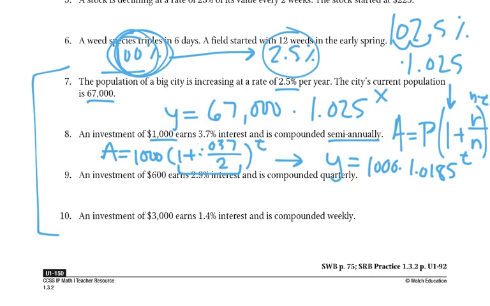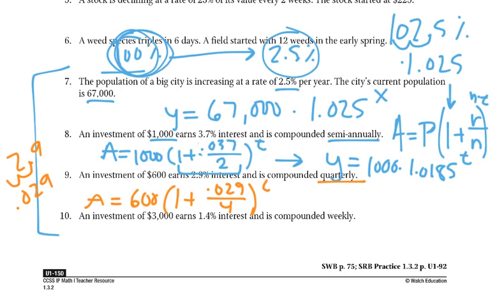So now number 9, we're going to use the same equation, but this time we start out with 600, okay, and we earn interest 2.9, so 2.9 would become 0.029. It's compounded quarterly, that means 4 times in a year, so 1 plus 0.029 over 4 to the t.